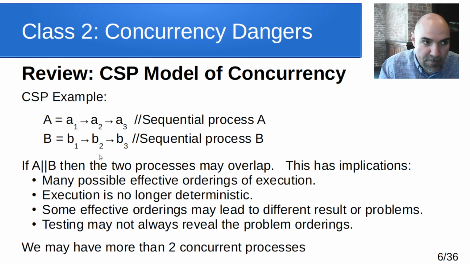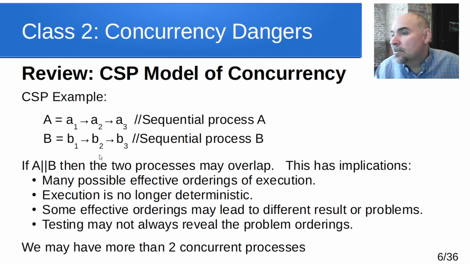It makes them quite a bit more complex when something goes wrong because you run the program and something crashes. How do you know what ordering you got that caused that? You have to analyze the code. So that's why it's good to be proactive and understand the kinds of things that cause problems when we have concurrency and essentially address it as we're creating the system as part of our design.